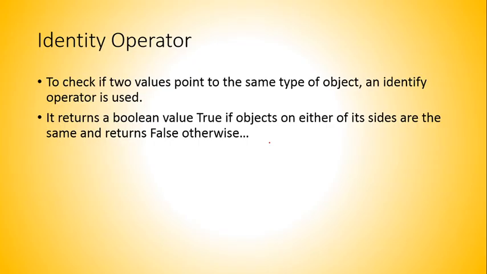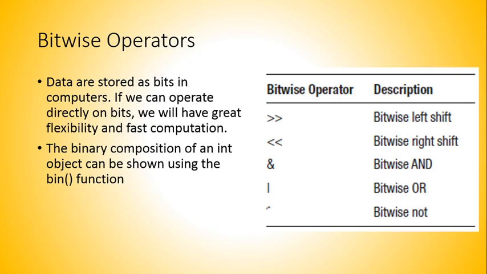Okay, to our next slide, that is bitwise operators. As you can see in the slide, those are the bitwise operators available in Python. We know that data are stored in computers in the form of bits. If we can operate directly on bits, we will have great flexibility and fast computation.